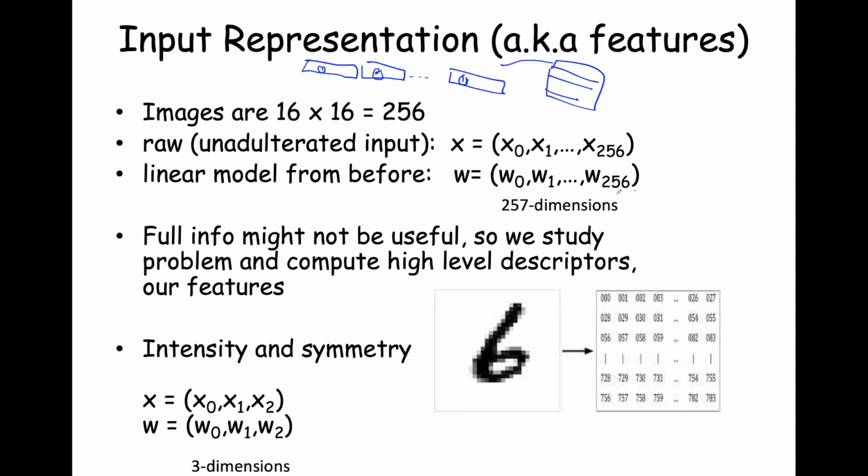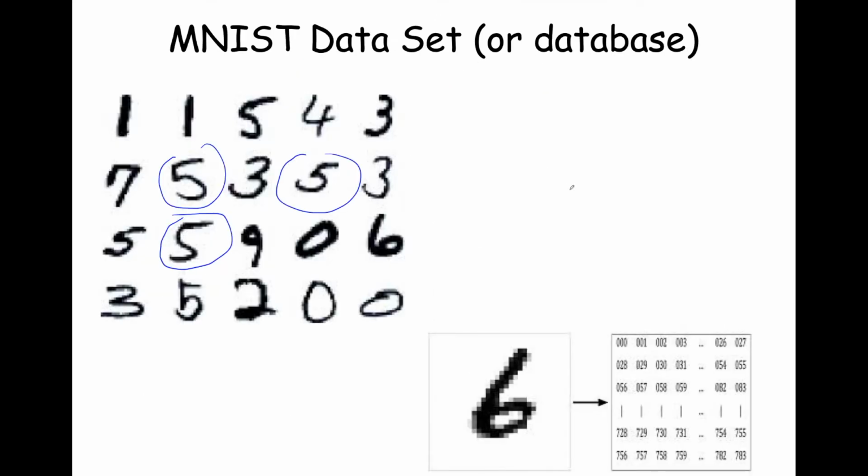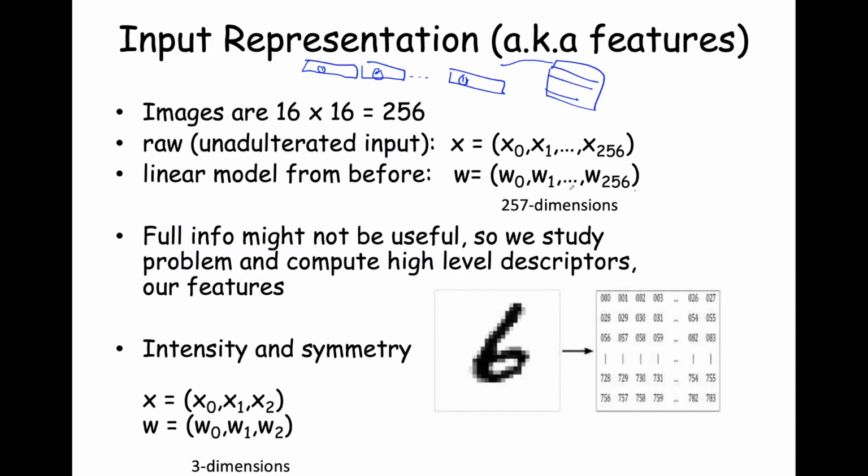When we look at this, there's some variation, and the full information in the image content might not be useful. So we can study the problem and compute high-level descriptors or features which represent something about the difference between the various digits, but do not necessarily carry the full information. One of the things they talk about in the book is using two features, one for intensity and one for symmetry.